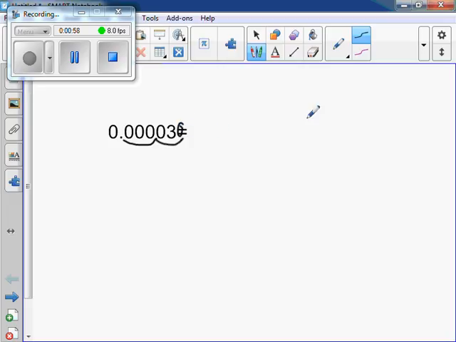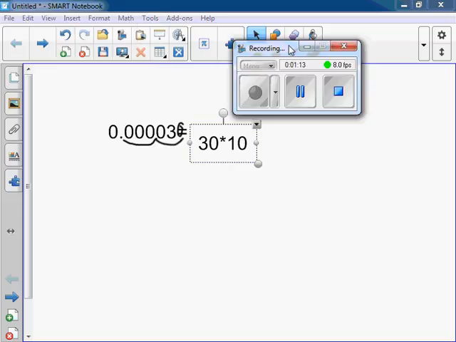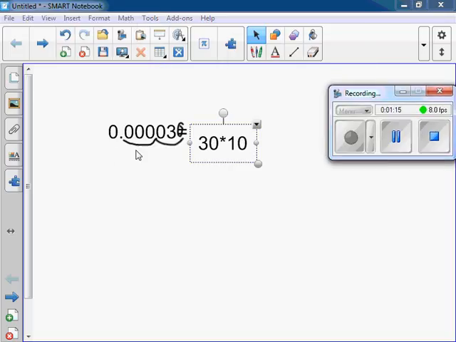So now I'm going to type out the number that I got. I got 30 times 10, and I have to count how many times. I want 1, 2, 3, 4, 5, 6. I want 10 to the 6.